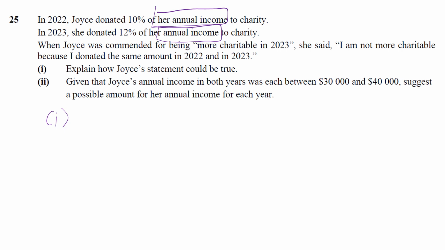So how could Joyce's statement be true? It can only be true if there's a reduction in her annual income. That means she earned less in 2023. So 12% of a lesser income is possible to be equal to 10% of a bigger annual income.